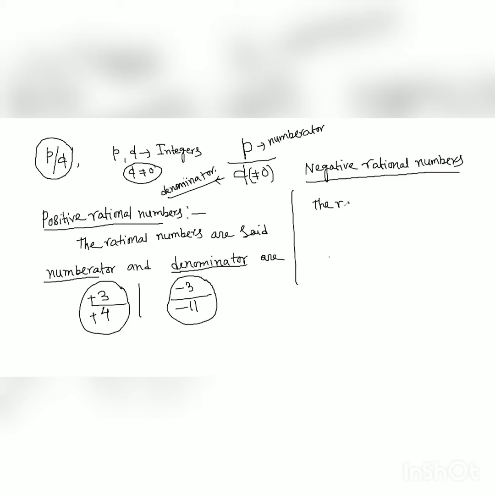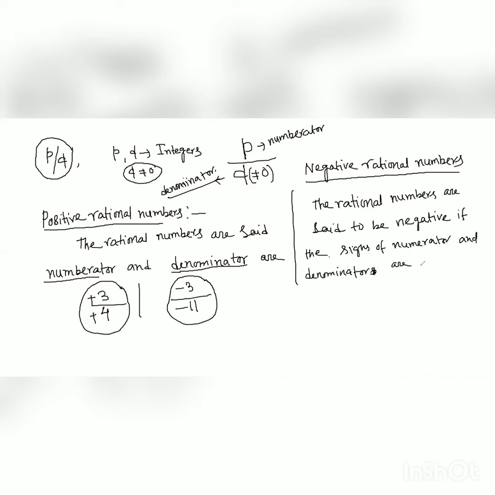The rational numbers are said to be negative if the signs of numerator and denominator are not the same, or we can say they are opposite.